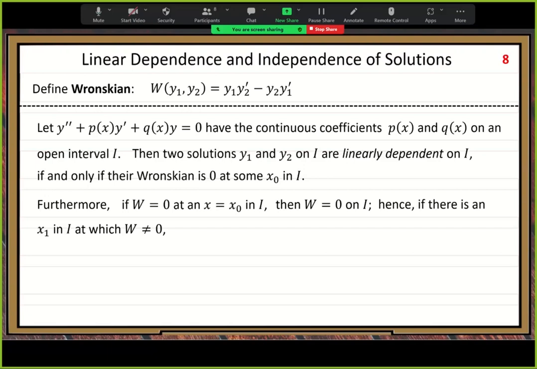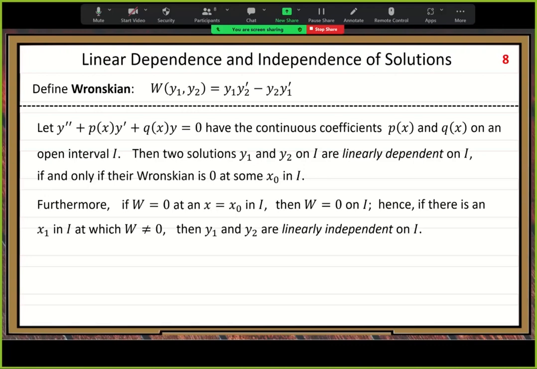Hence, if there is an x1 in I at which W is not equal to 0, 1 point on I, then y1, y2 are linearly independent on I. When we check independence, we only need to check 1 point. In the previous slide, when we did the discussion, we did not work on 1 point; we looked at all points.